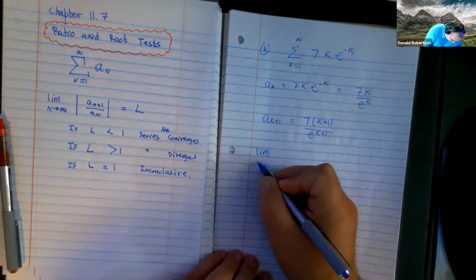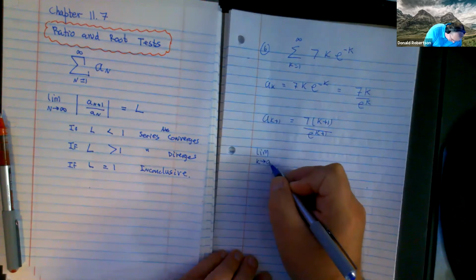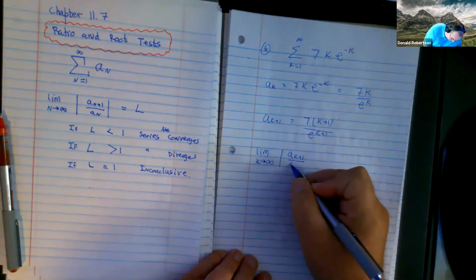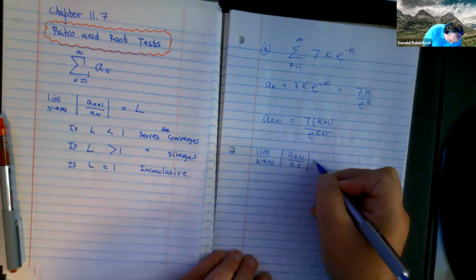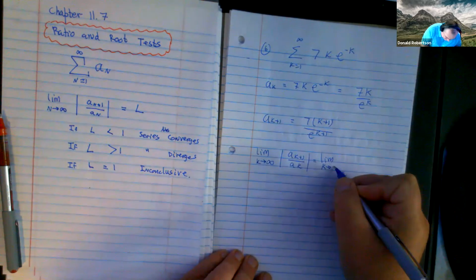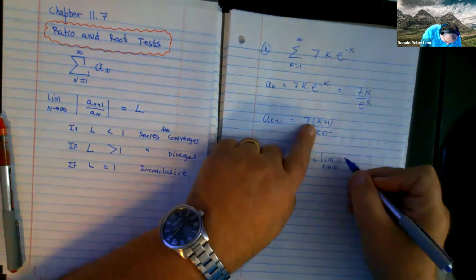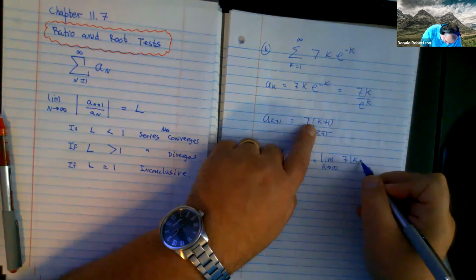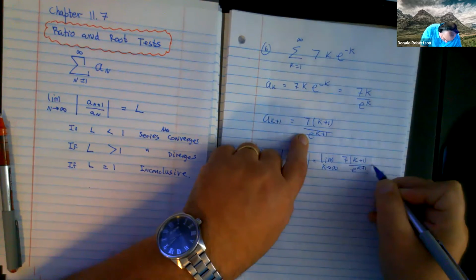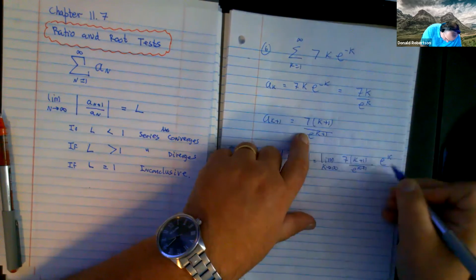So we're going to find the limit as k tends to infinity of a_(k+1) over a_k. And that's going to be the limit as k tends to infinity of this guy times the upside down version of this guy.